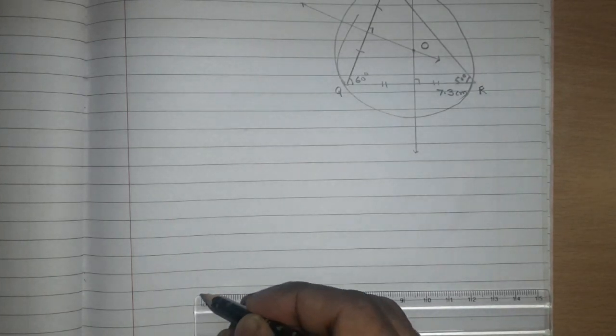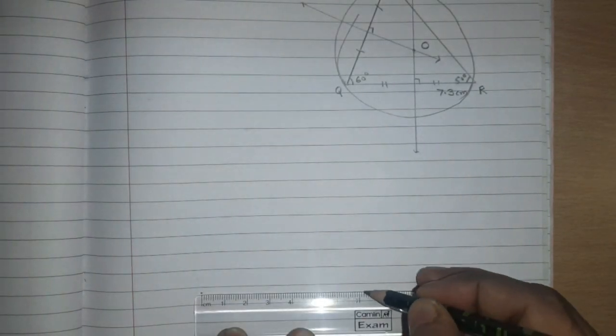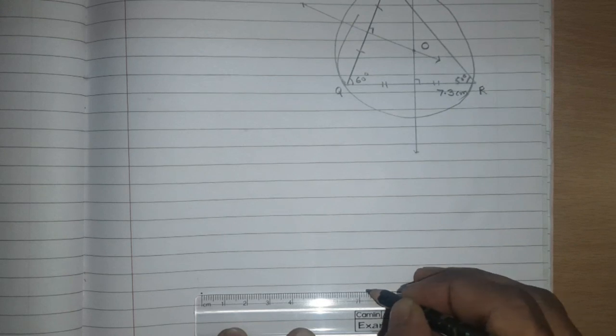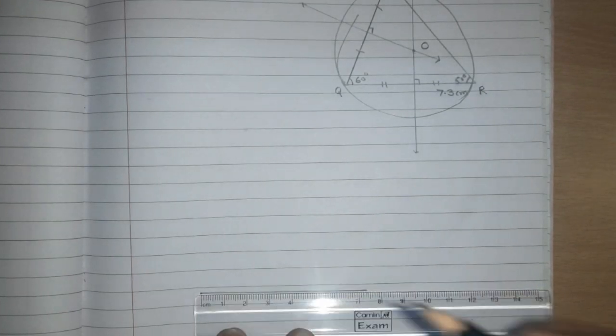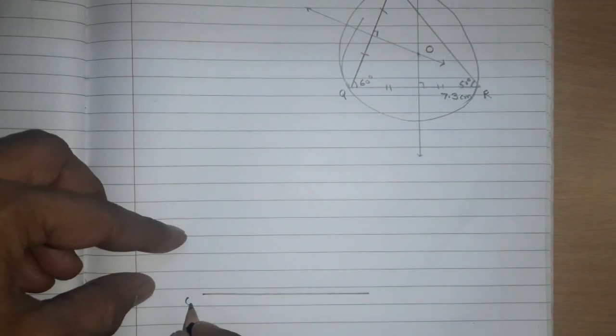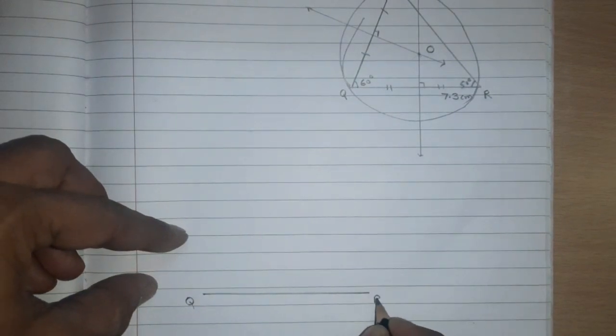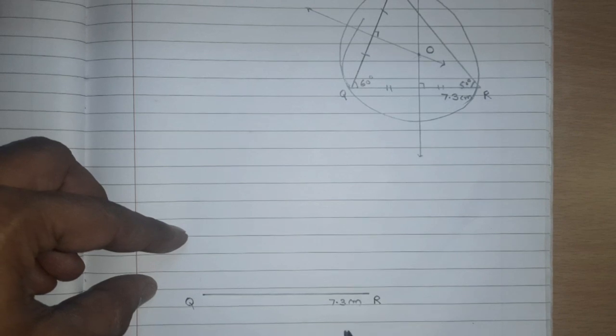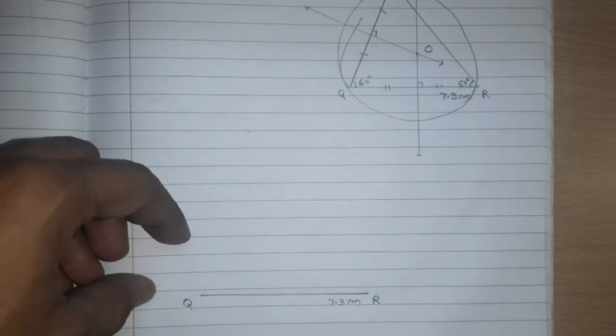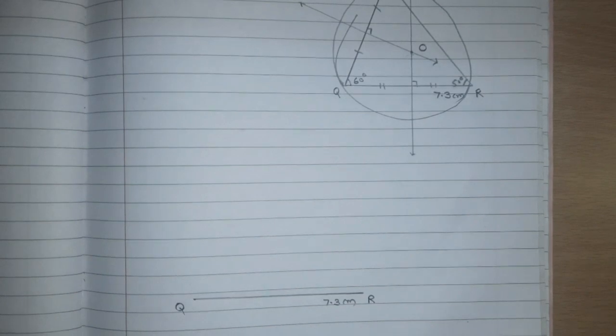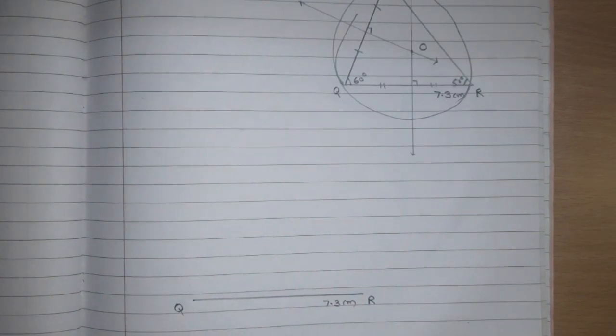Here it is 7.3. It is labeled as Q, and here it is R. It is 7.3 centimeter. Now dear student, at the point Q, the angle is of 60 degree.